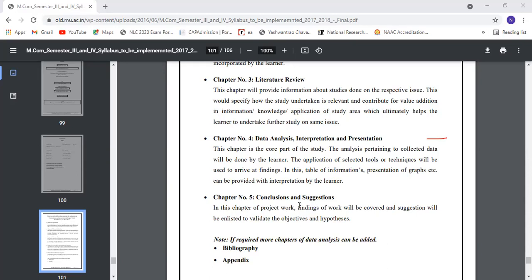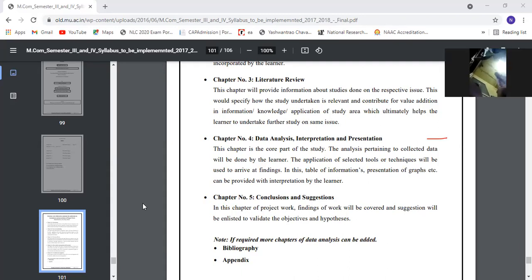Once you collect the information, you have to analyze it, interpret it in your own language, and present it in your research thesis. Understand? Your dissertation. So chapter number 4 is data analysis, interpretation, presentation.